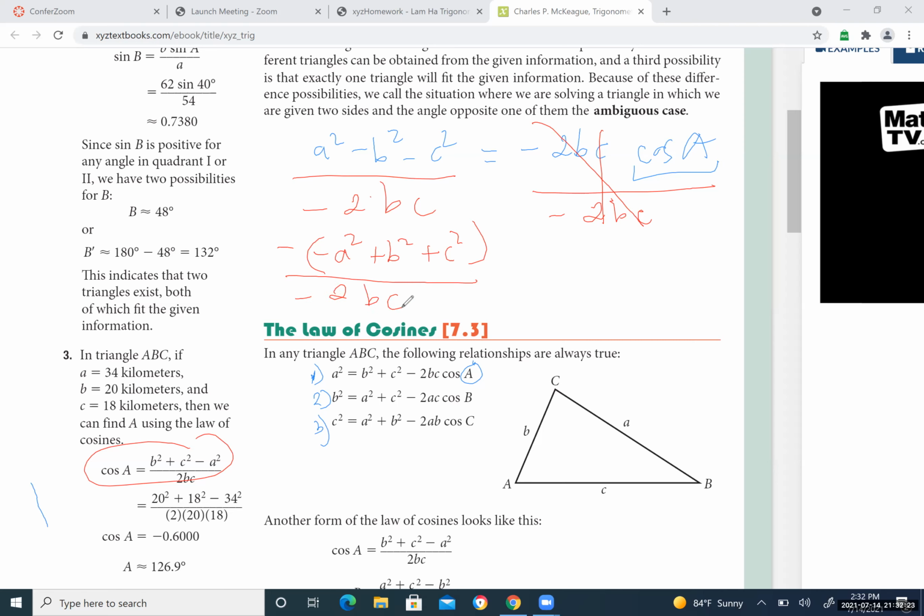This will be cosine A. Now the minus signs cancel. Then you can rearrange: b squared plus c squared minus a squared divided by 2bc equal to cosine A. That is exactly the formula they provide, but like I said, you don't have to.